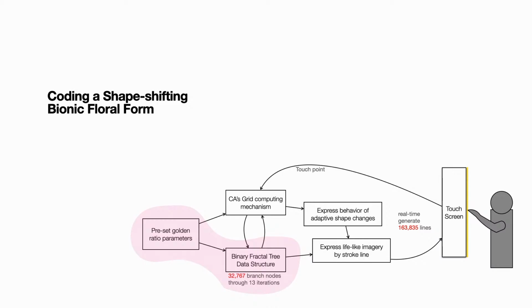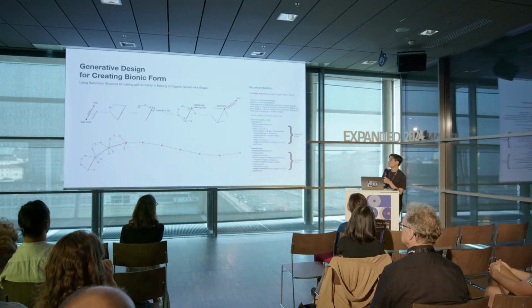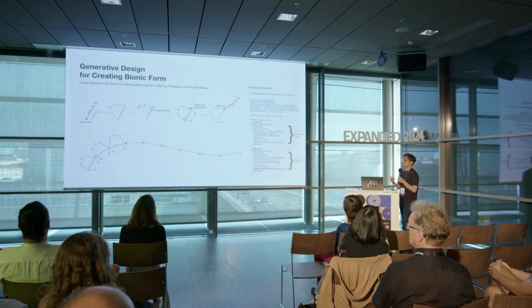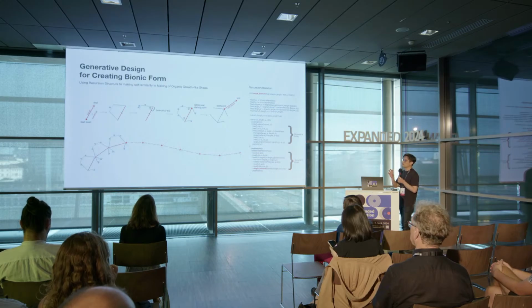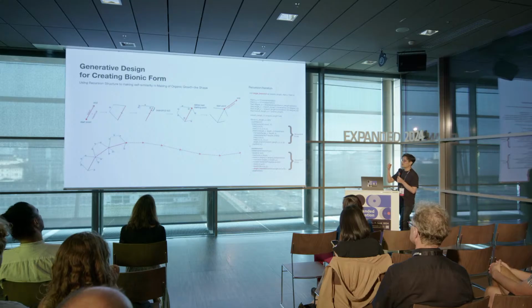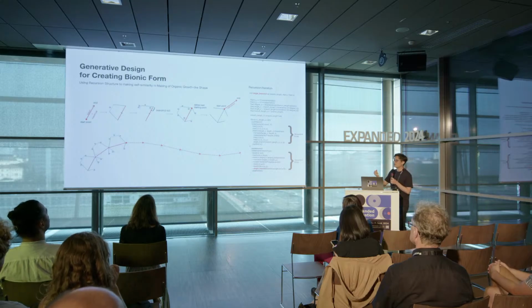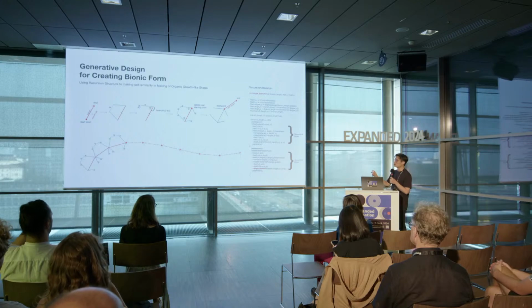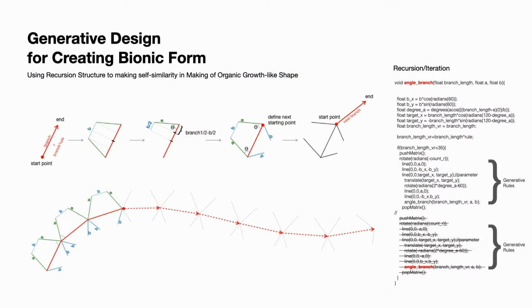The first part is the system that builds up this shape. I use recursion, this kind of data structure, and I build up a kind of description so that each element can generate itself again, and then the process changes a little bit to make the form look like growth.